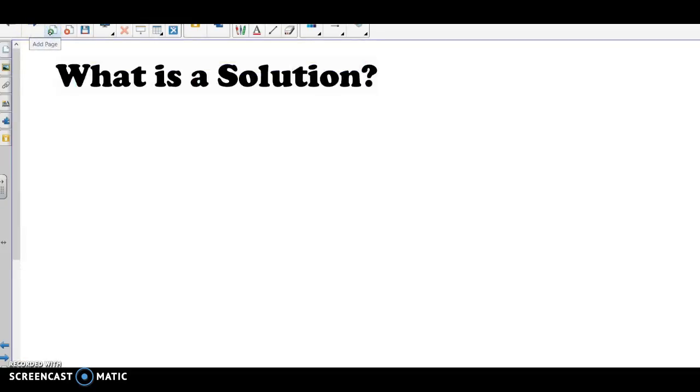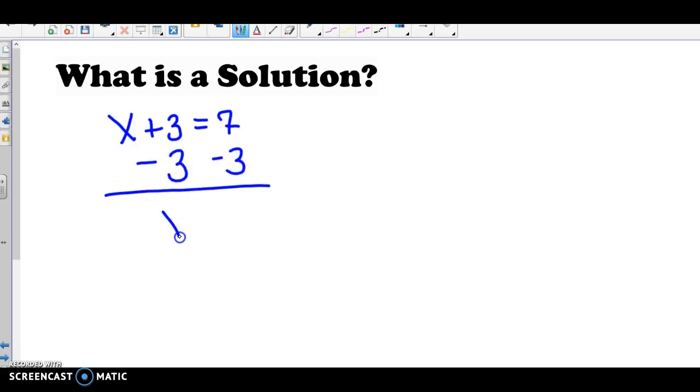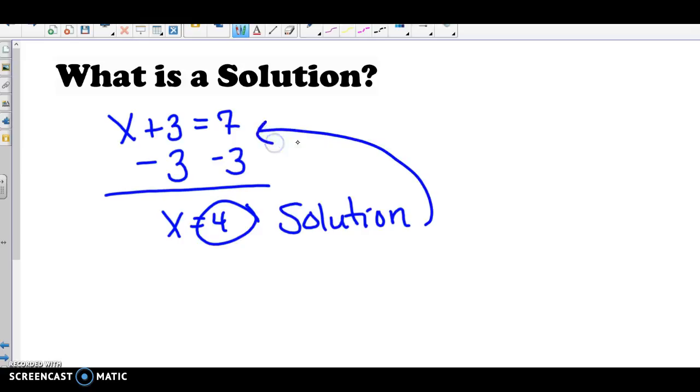So if you think of a solution to an equation, if you think of a simple one-step equation, you can think of a solution as if I have x plus 3 equals 7. You can look at this and you know that by subtracting 3 from both sides, you get x equals 4. 4 is what we call a solution to the equation x plus 3 equals 7.